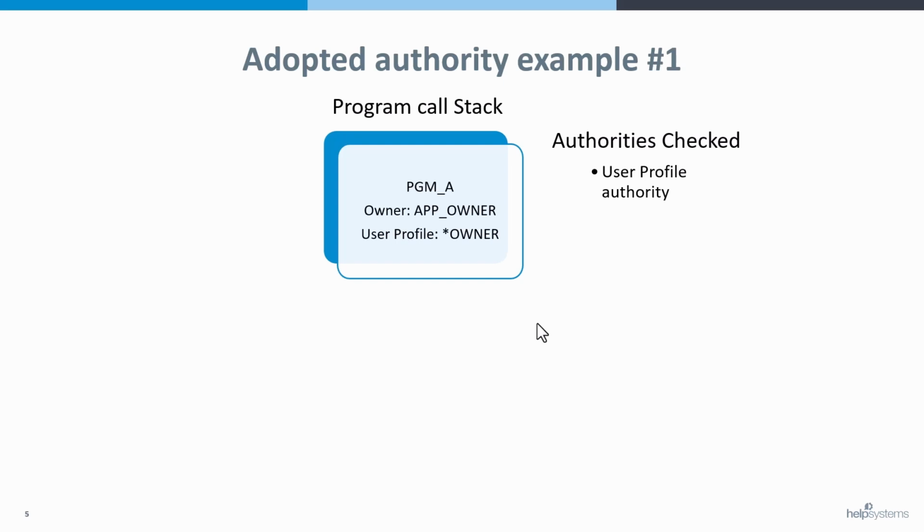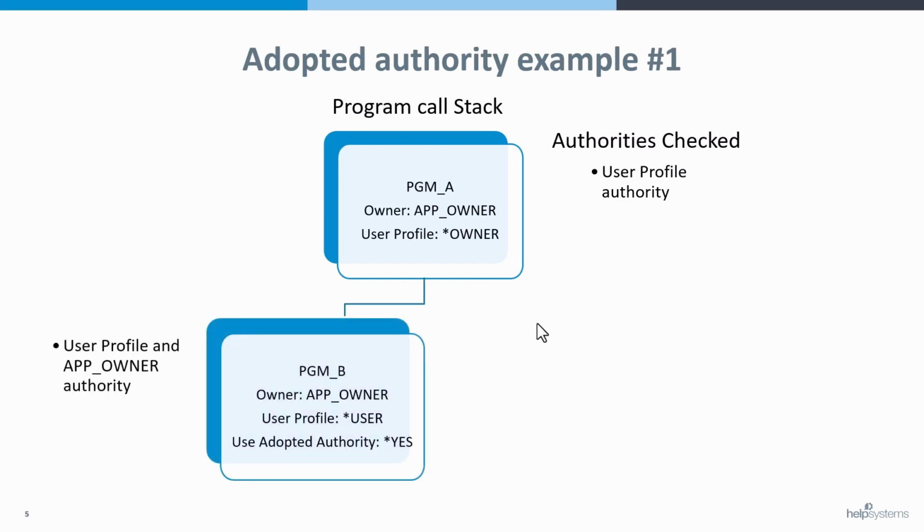But when program A now calls another program or a menu option is taken, first, the user profile will be examined to see if it has authority to that program. And then next, because program A adopts owner authority, the owner authority will be examined.